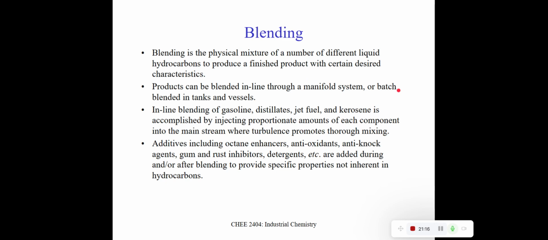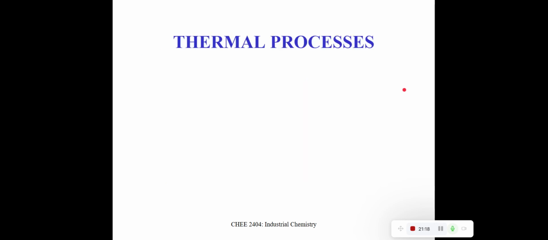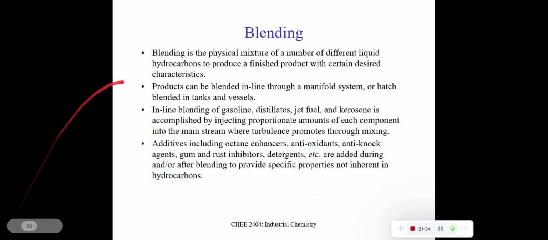Blending to specific properties not inherent in hydrocarbons. So blending can take place with different hydrocarbons in such a way that we get the finished product.